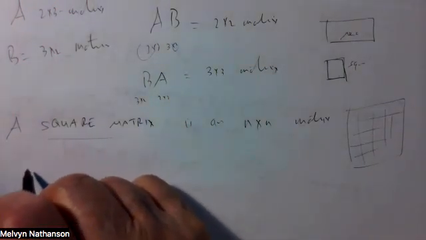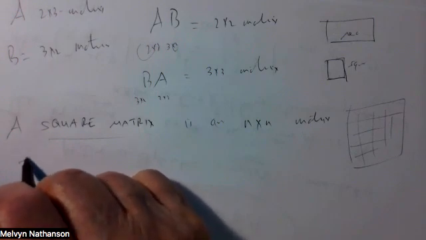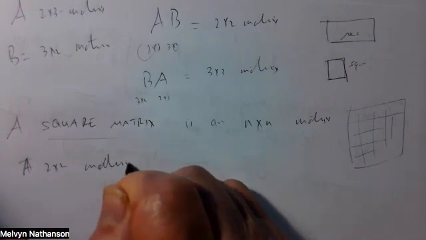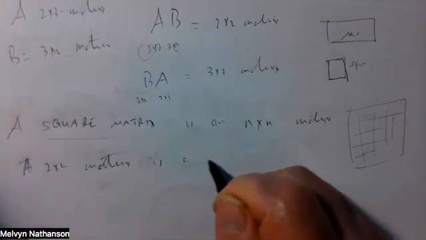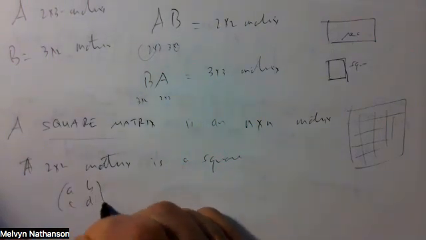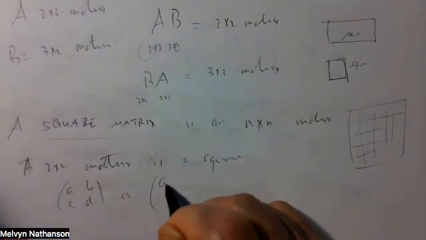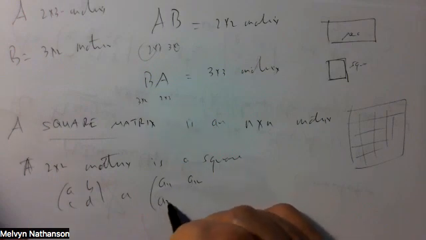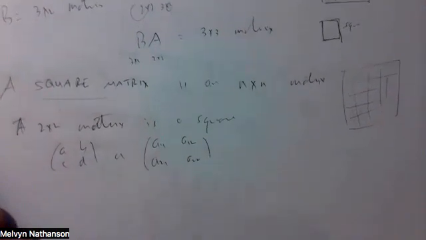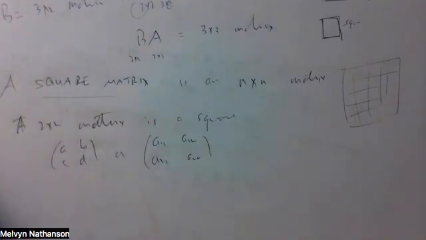So for example, a 2 by 2 matrix is an example of a square matrix, right? A, B, C, D, or A11, A12, A21, A22. These are 2 by 2 matrices, and you can always multiply them, and you get back a 2 by 2 matrix.